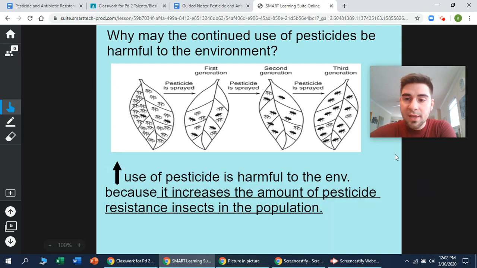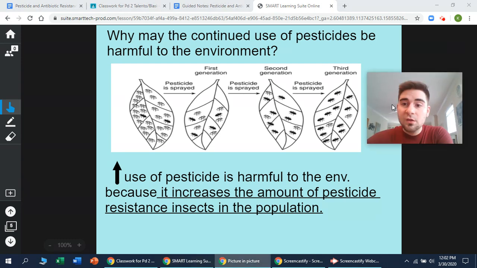So you're getting more and more of these insects that have the resistance. So what you should realize here is that as you use the pesticides a lot, they're going to become more and more resistant to them. Meaning, if you keep using this, it's not going to work. The more you use it, the less it works. Okay, so that's certainly harmful.